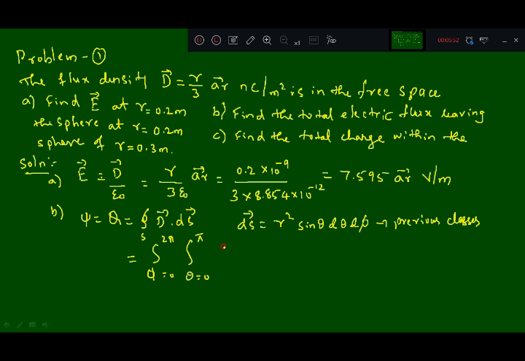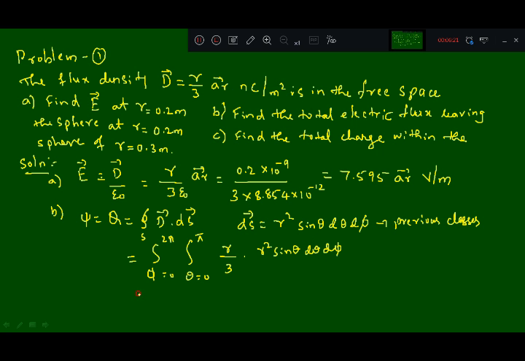Then D is r divided by 3, into the value r square sin theta d theta d phi.